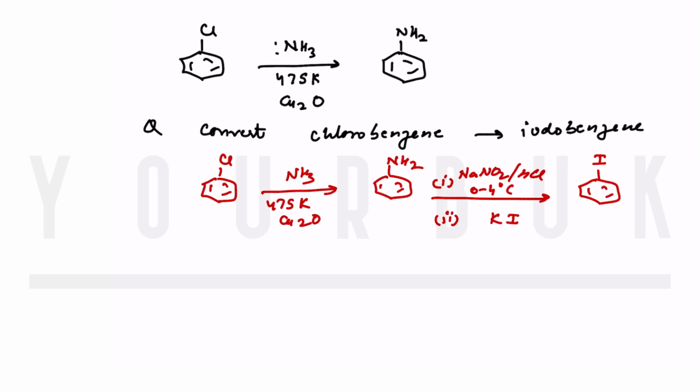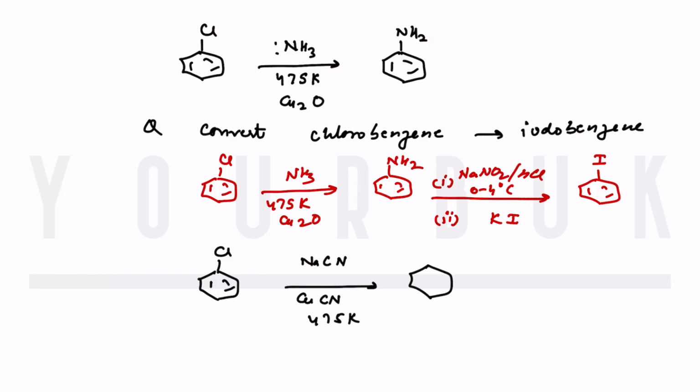Now, the next reaction is a nucleophilic substitution, reacting chlorobenzene with sodium cyanide or potassium cyanide. I'm using sodium cyanide, but again nothing happens. So we use CuCN as a catalyst at 475 Kelvin temperature.